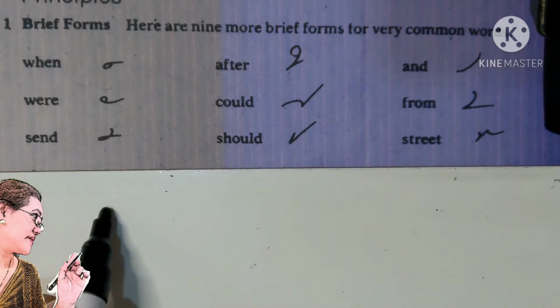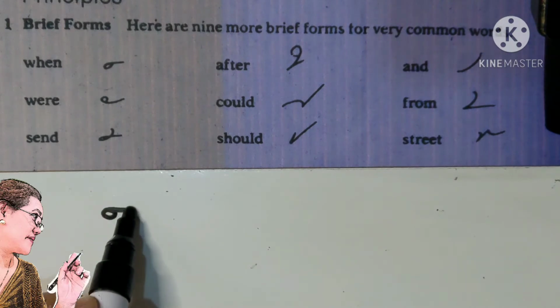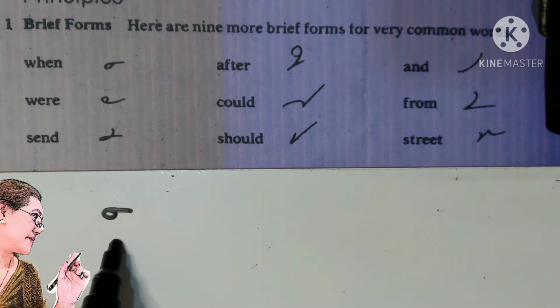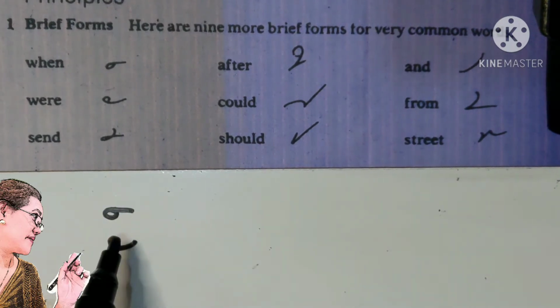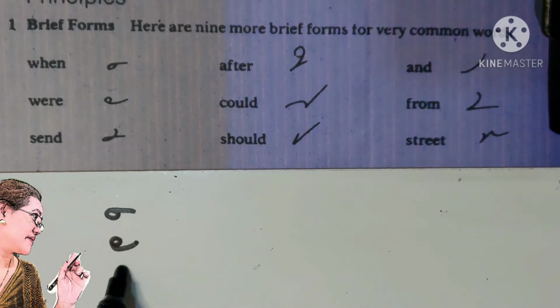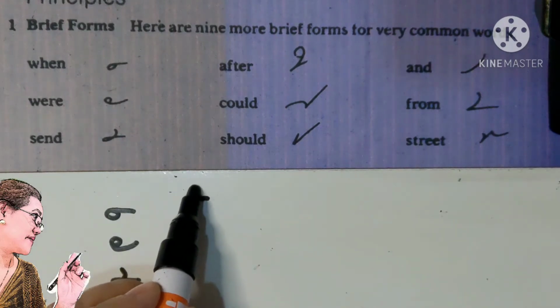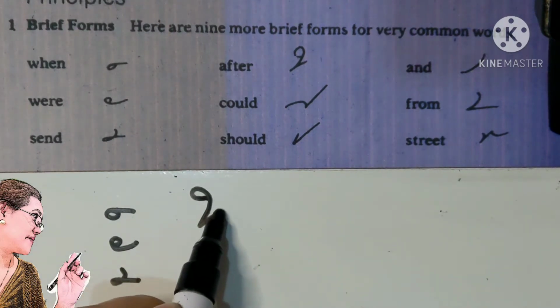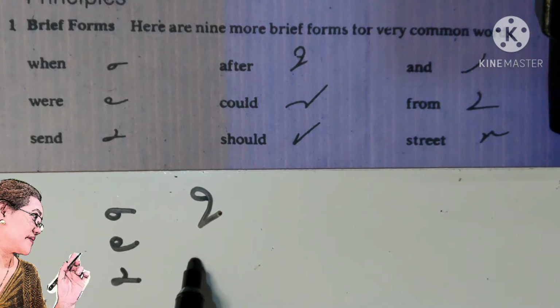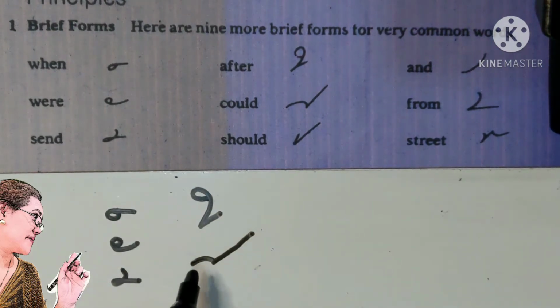Okay, so "when," "en." "Where," "er." "Send," "sen." "After," "aft." "Could," "kd."